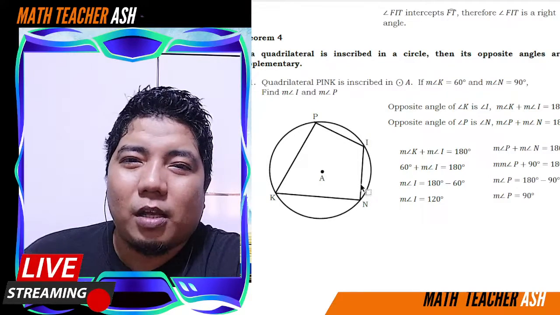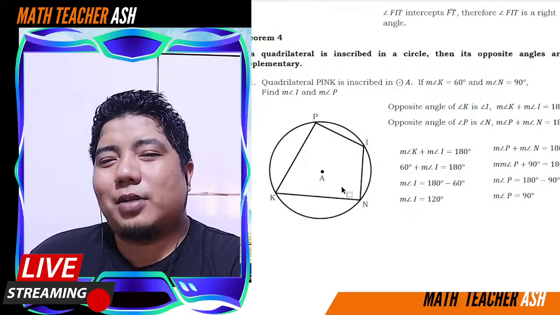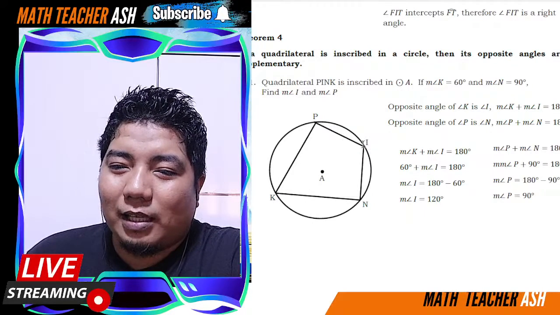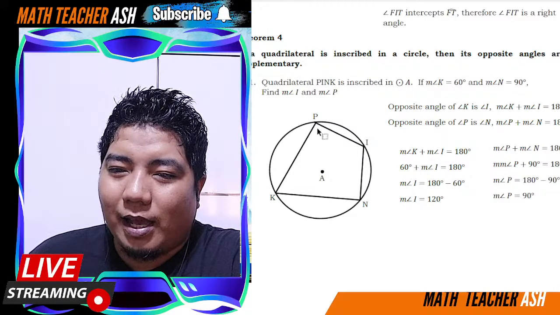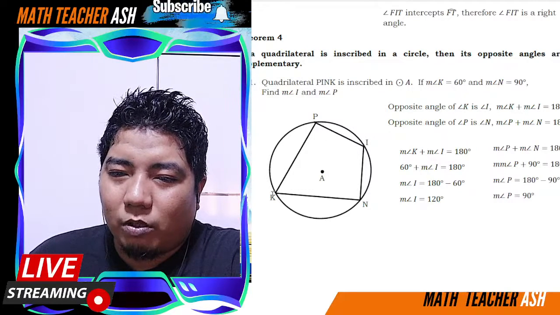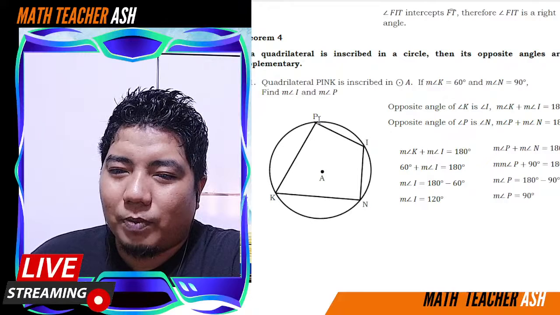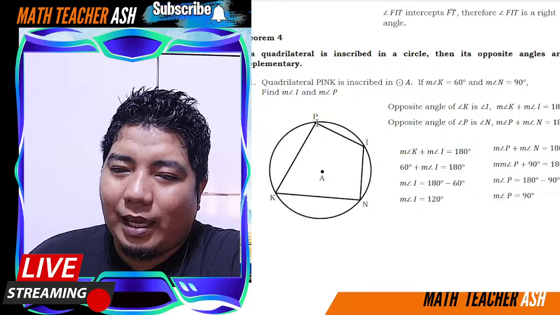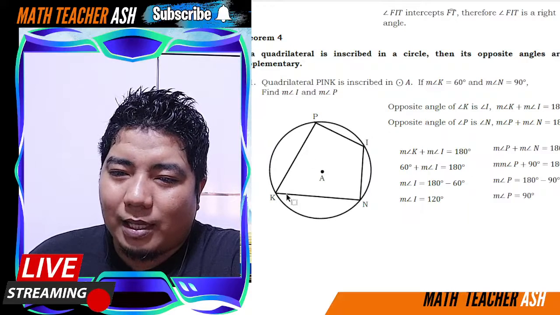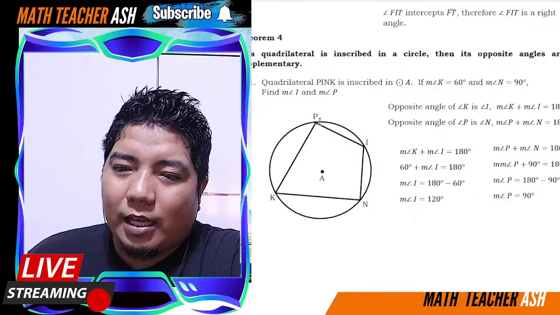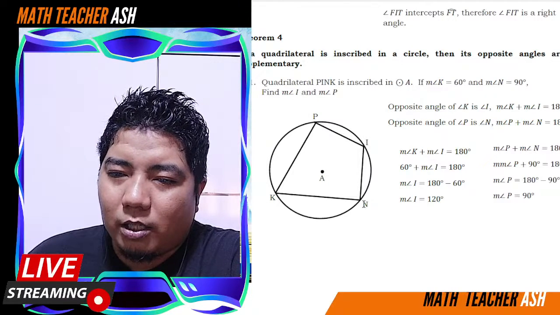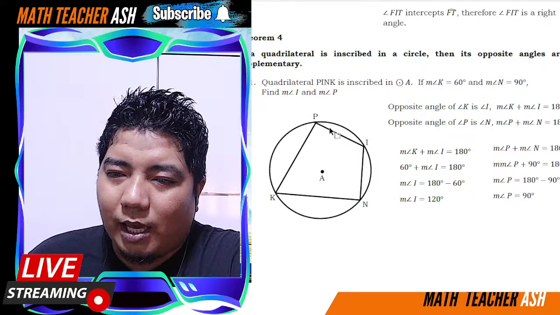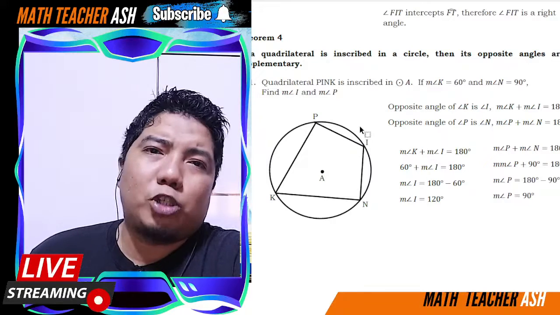Ang tanong, Sir Ash, bakit? Okay, ganito yon. As you can see, tingin muna tayo dito kay angle I. So that is PIN, angle I. Ang intercepted arc niya ay ito. Tama? Yan, ito. Samantalang si PKN, ito, si angle K, ang intercepted arc niya naman ay ito. So kung si I, ito ang intercepted arc, at ito naman si K, ito ang intercepted arc, buong circle na yon.